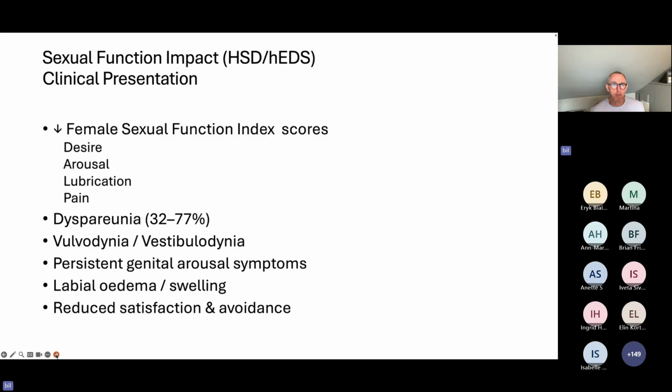The other thing common in HSD is labial edema and swelling before and after sex. Maybe that's a chronic thing, or maybe that's after they have sexual interactions.